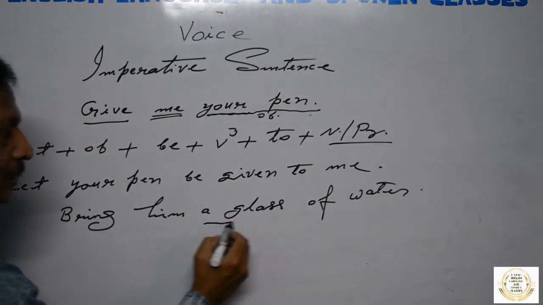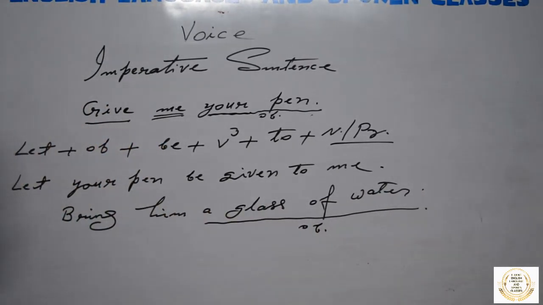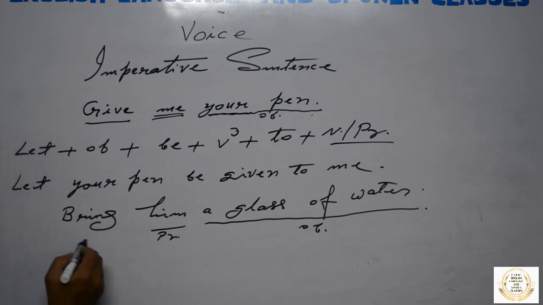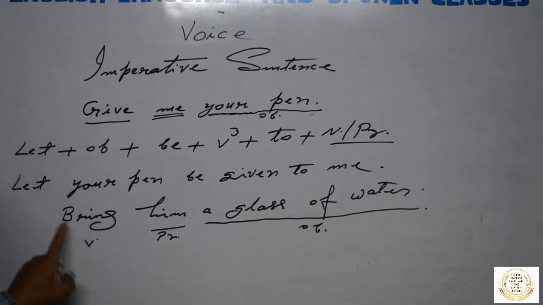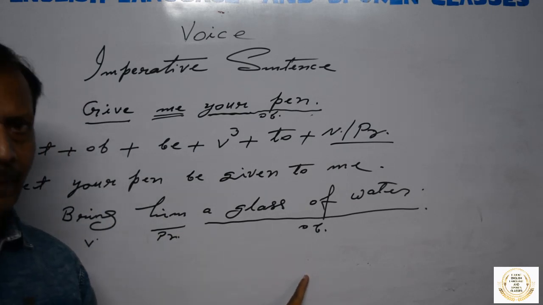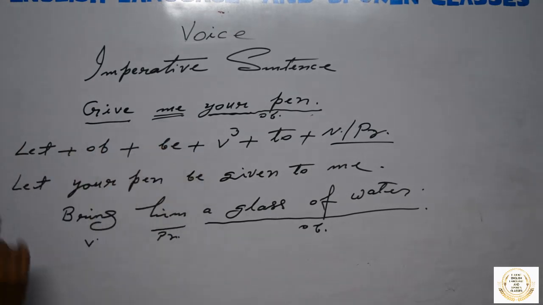This is your object, okay? This is pronoun. This is your verb. It reveals the idea that the imperative sentence is a kind of order or command, okay? So your answer should be based on this single construction.